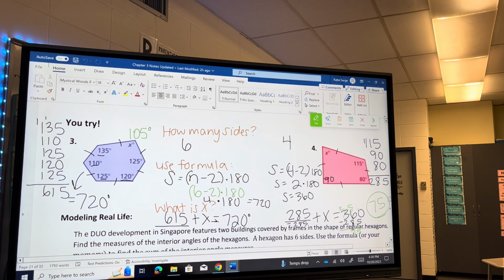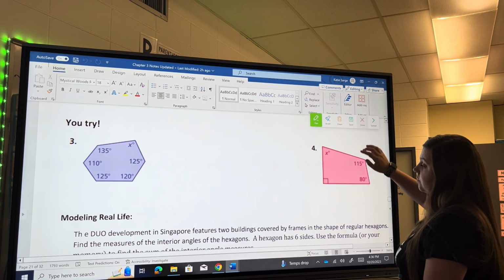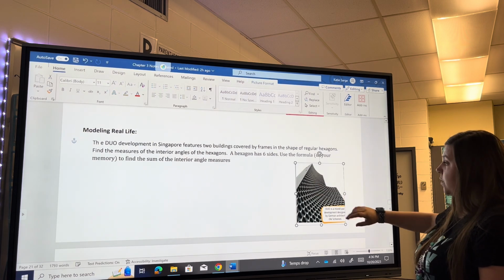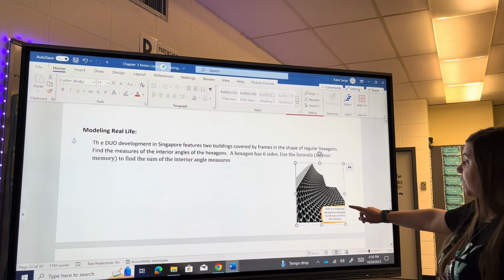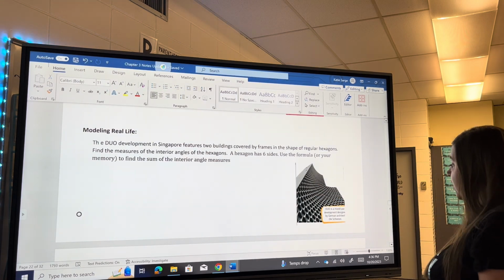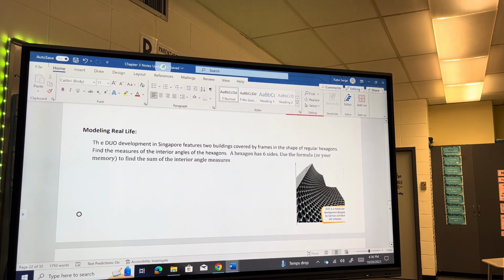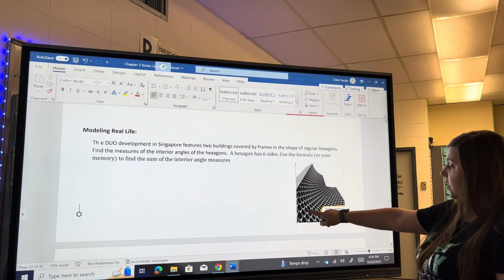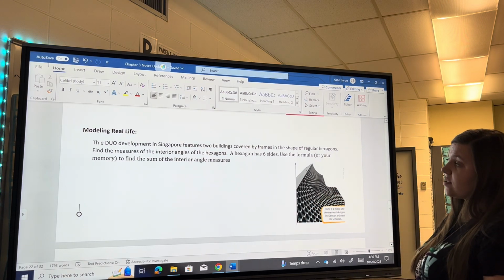Okay, one more I think. Modeling real life. So we've got this building structure here. It says Duo is a mixed use development designer, okay? So he's got some cool little tiles along the outside of this building.